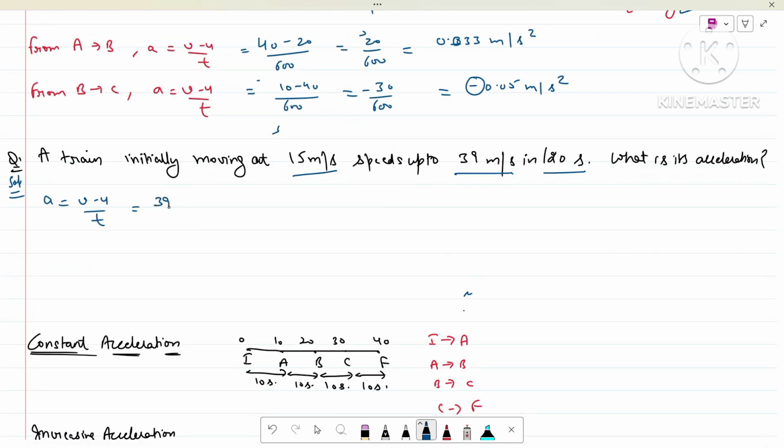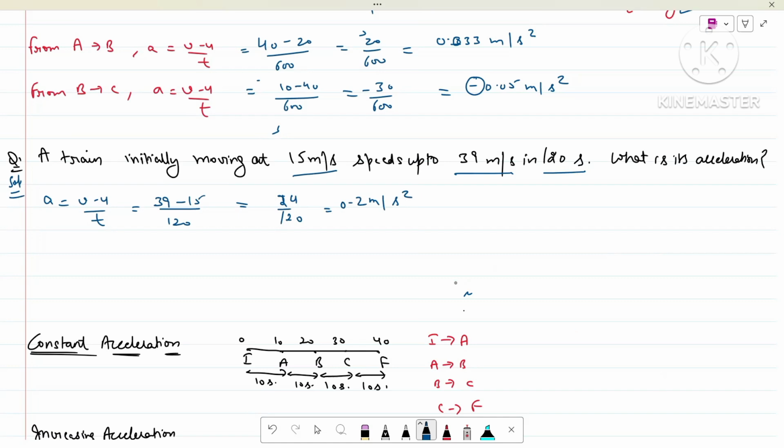Final speed 39 minus initial 15, divided by time taken, that is 120. 39 minus 15 is 24, divided by 120, so it comes out to be 0.2 meter per second square.